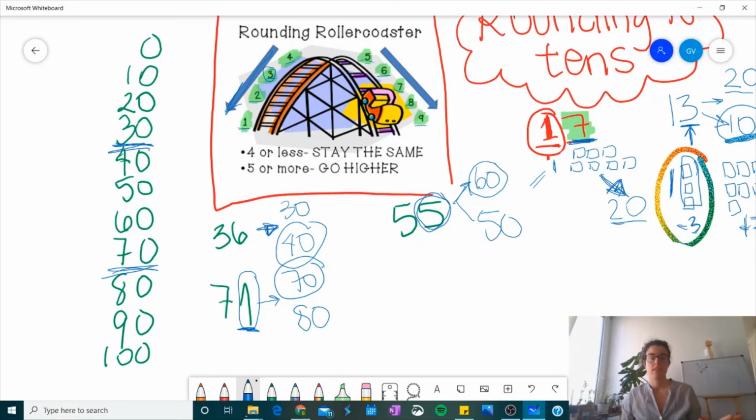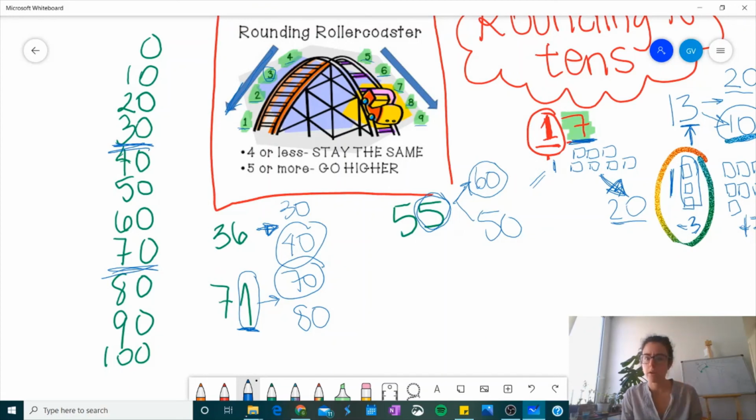Okay, friends, you have a lot of practice, worksheets, and online games for rounding. And remember, this is new, okay? But if you just think about it, there's only two options it can be. It can be the 10 before or the 10 after. And I know you guys are super good at counting by tens. We did a lot of practice with that in school, and you did practice with that in distance learning too.